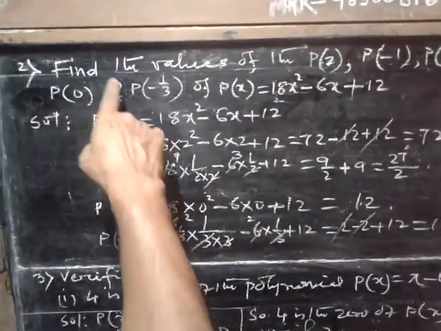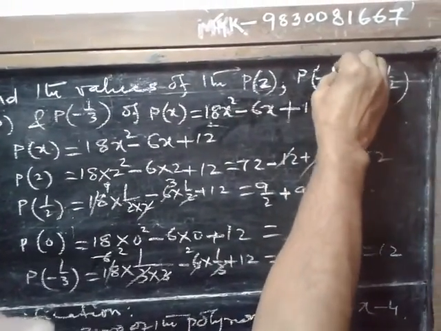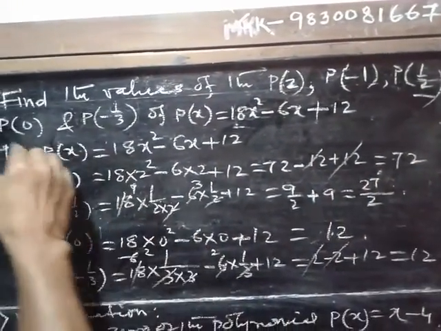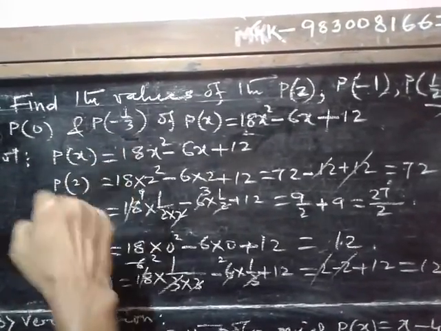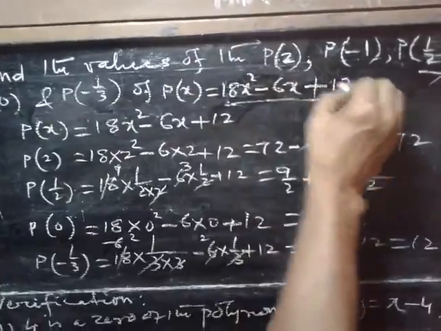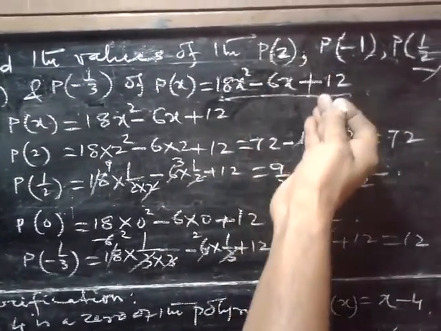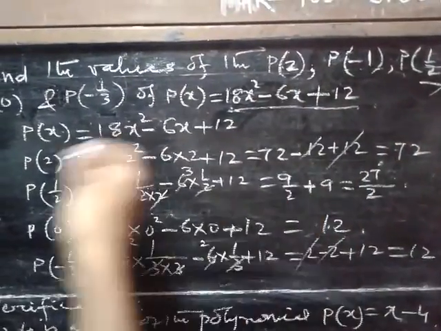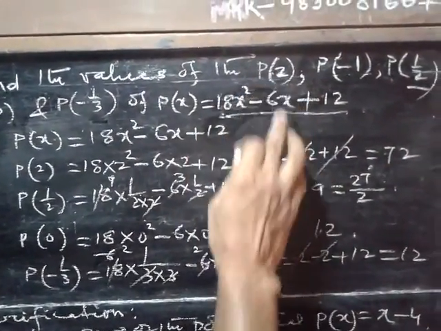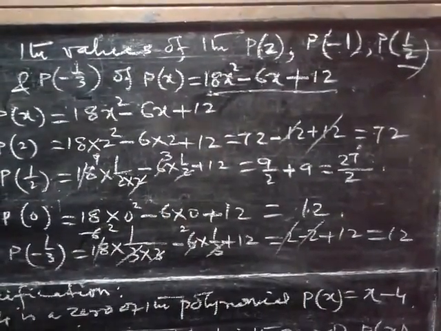Sometimes it is asked to find the values of p(2), p(minus 1), p(half), p(0), p(minus 1 by 3) for a given polynomial. Sometimes you have to find the values, whether they are zeros or not. We have already seen, you have to put the values in this polynomial and find out the value.